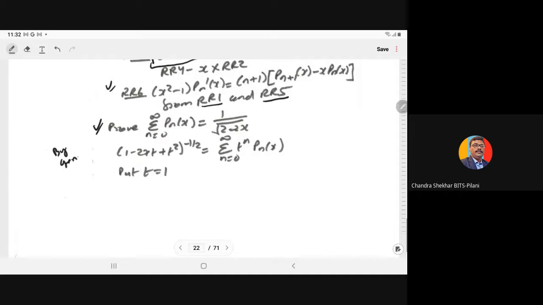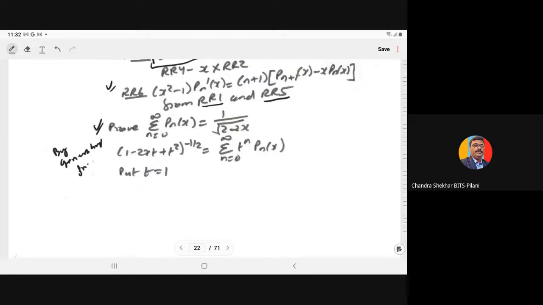By the generating function we have (1 − 2xt + t²)^(−1/2) equal to the summation n = 0 to infinity of t^n Pn(x). That is the generating function.